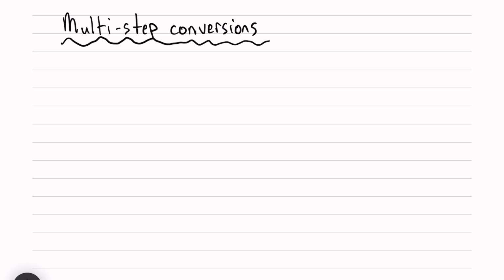Well, all you're really going to do is repeat the same formula more than once, and so you'll have a longer horizontal calculation. Let me show you an example.